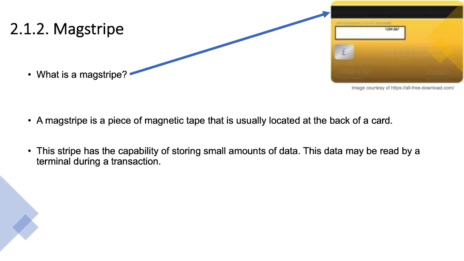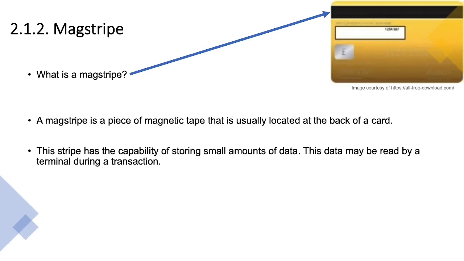The terminal will take all of the information that's stored on the magstripe, add it to the transaction message, and process the transaction. What this effectively means is that in a magstripe transaction, once the card has been swiped through that groove, the card no longer plays a role in the transaction.